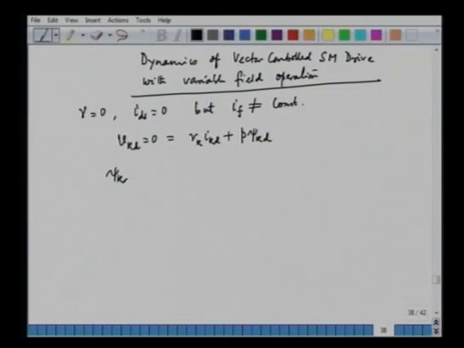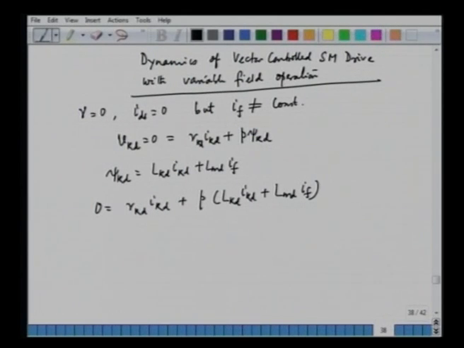Psi KD is equal to LKD IKD plus LMD into IF. IF is not constant. So, we can rewrite this equation in the following fashion: 0 is equal to RKD IKD plus P of (LKD IKD plus LMD into IF). Now, this will lead to a finite value of IKD. IKD will not be equal to 0 here.